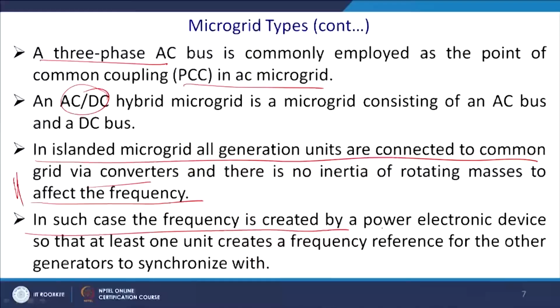In such cases, the frequency is created by the power electronics devices, so that at least one unit creates the frequency reference for the other generators to synchronize to. Please mind it, in the case of normal synchronization, your biggest generator generally sets the frequency, but here it is not so. Any solar unit, any unit can be setting up the frequency. We have discussed these entities in detail in our previous lectures.